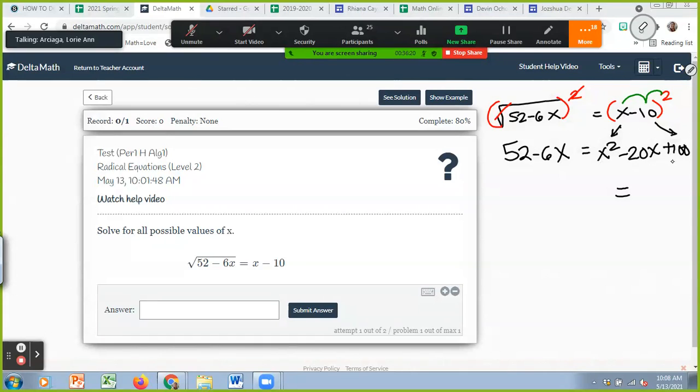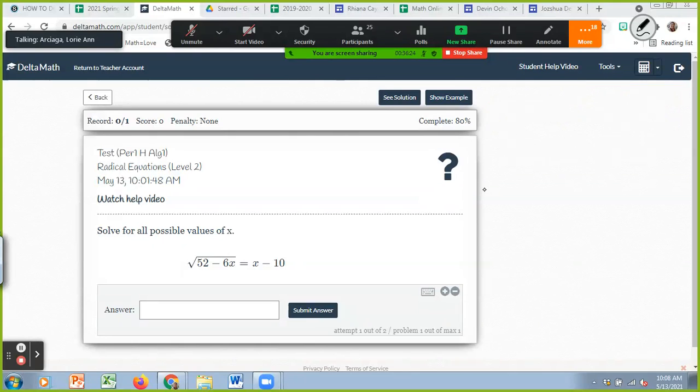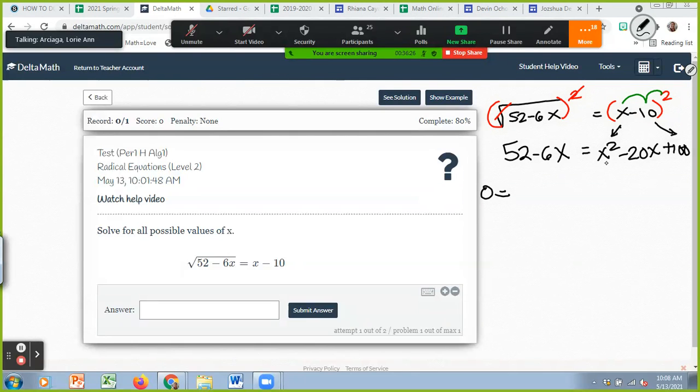I'll just move all of these to the right and place the 0 on the left. So this is x squared, and make sure they are in standard form. The negative 6x will become positive 6x, and the positive 52 will become negative 52.